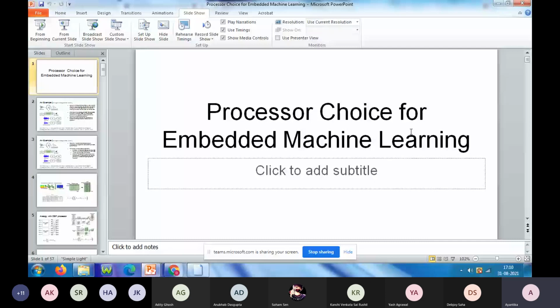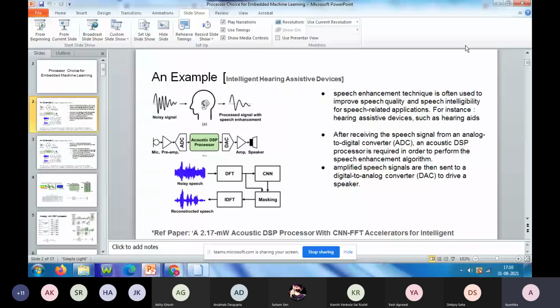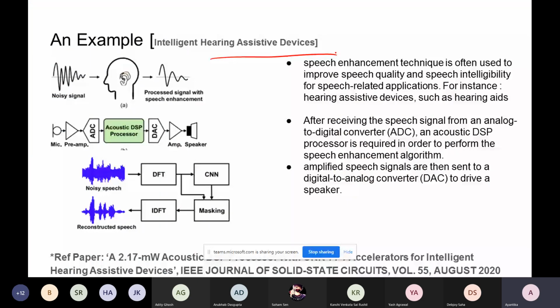Since you have not gone through the link, I had planned today to start with an example, where we are going to talk about one embedded ML application: an intelligent hearing assistive device. What is the concept? In case of speech enhancement, we know about hearing aid devices.